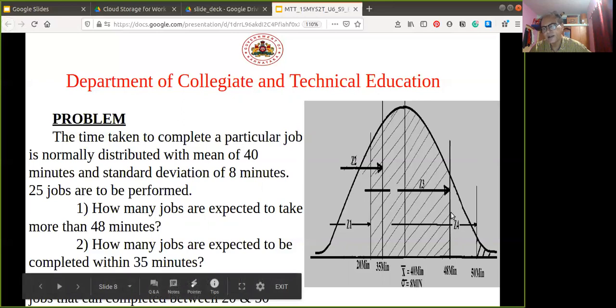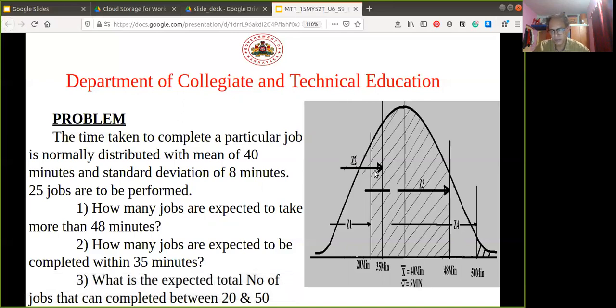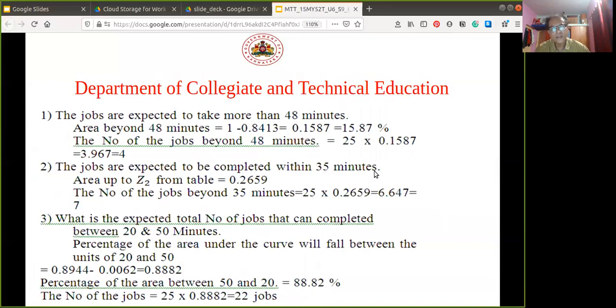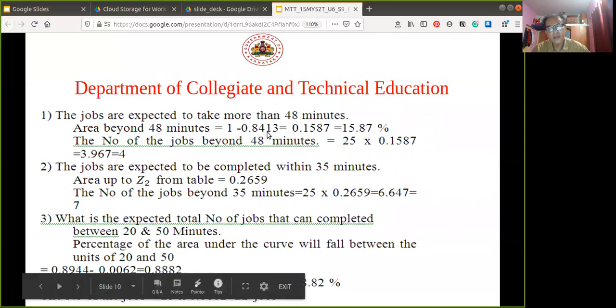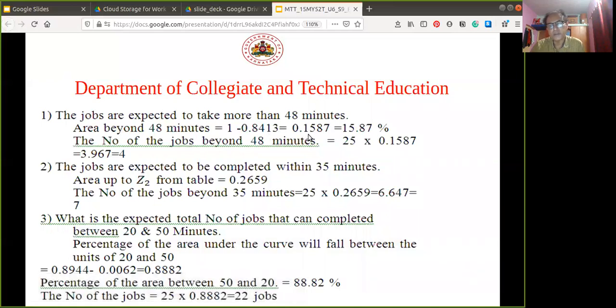So we can find this area. This area will be equal to the area under the curve, which is nothing but 1 minus the area up to Z3. When you do that, the area under the curve is 1, minus the area up to Z3, so it is equal to this much.